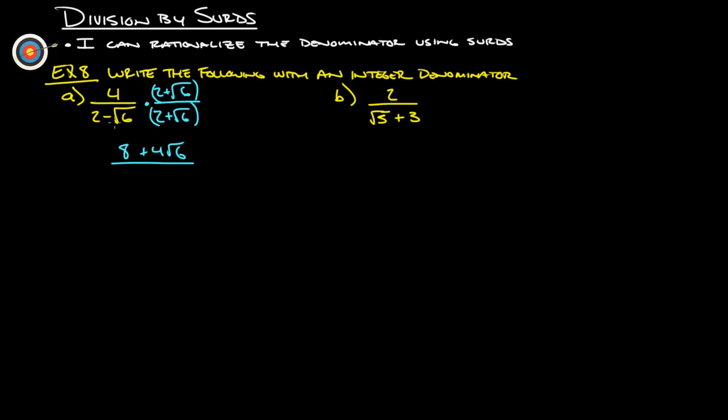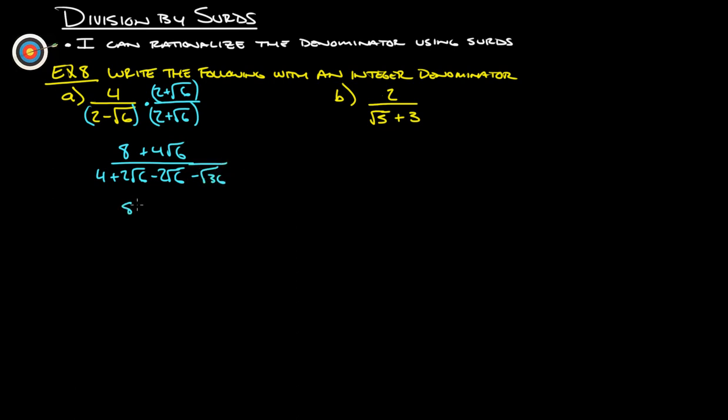In the denominator, we have to FOIL this out. 2 times 2 is 4. 2 times root 6 is 2 root 6. Negative root 6 times 2 is negative 2 root 6. And then root 6 times root 6 is root 36.